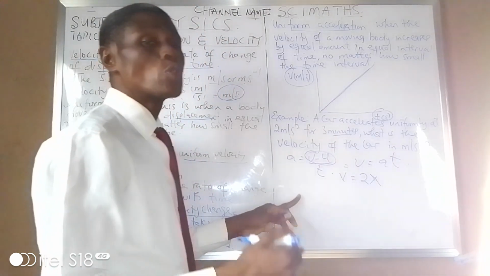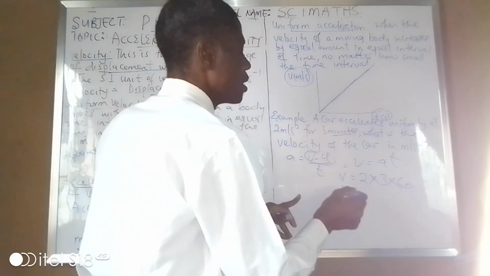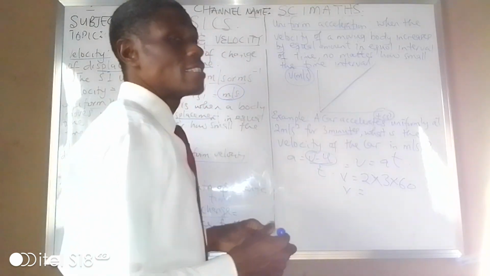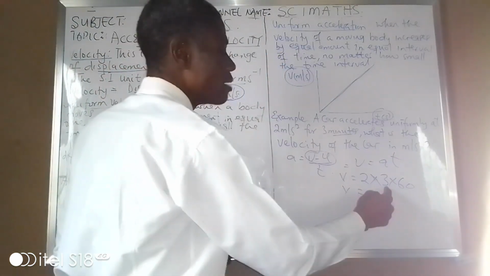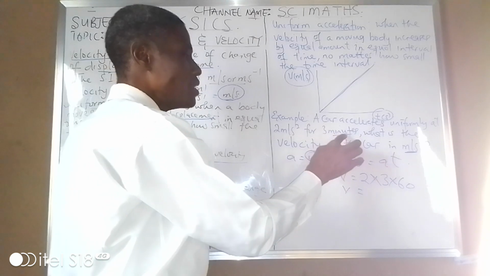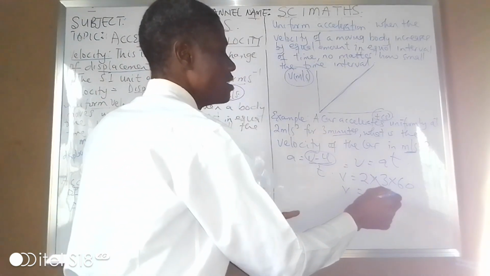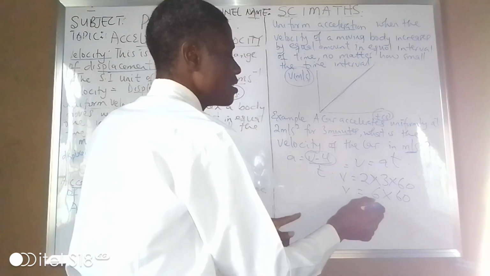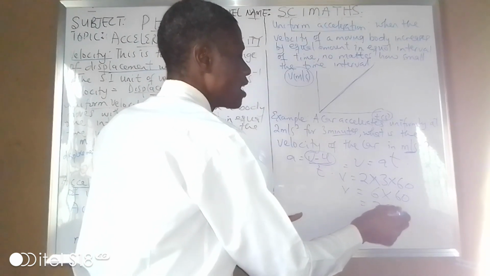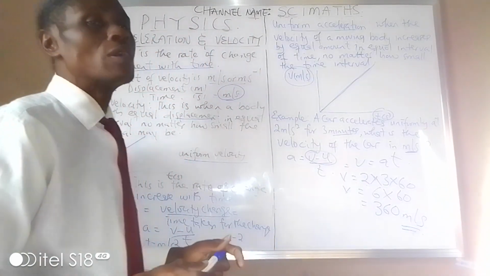You change your minutes to seconds, that means you multiply by 60, because 60 seconds make 1 minute. So 3 times 60, because they say we should calculate our velocity in meter per second and our time given here is in minutes. Now multiply 2 times 3, 6. 6 times 60 will give us 360 meter per second. So that is going to be the velocity of the car.